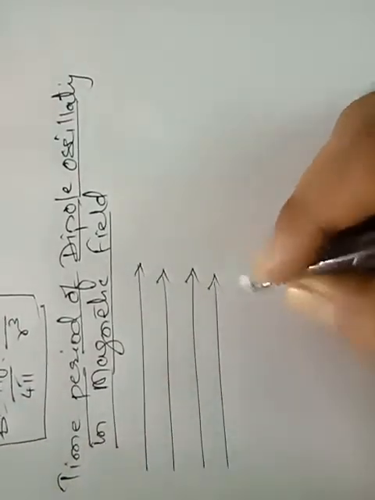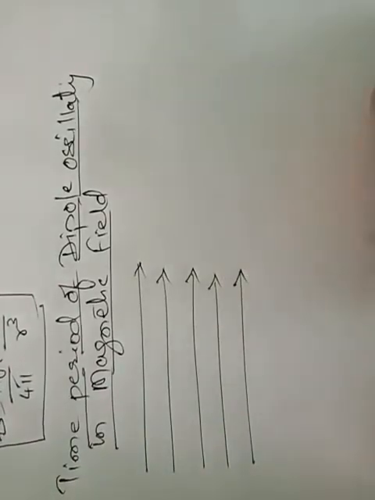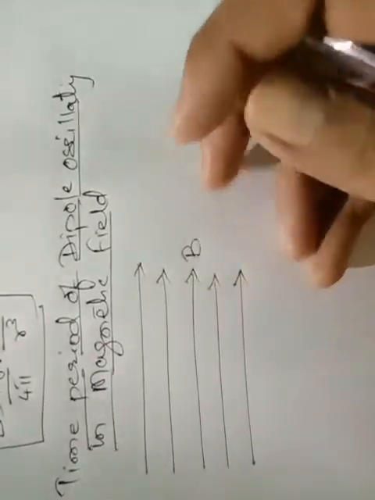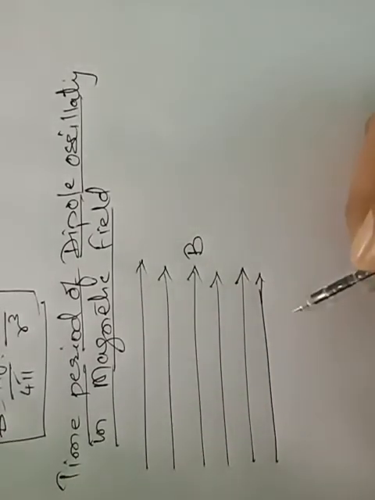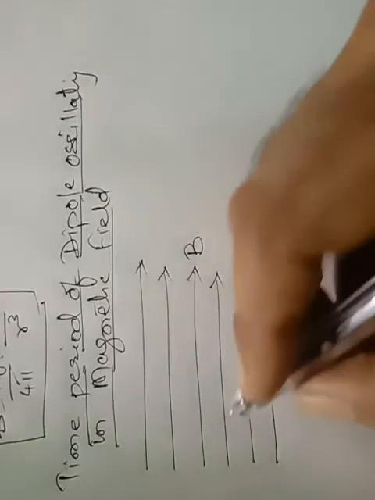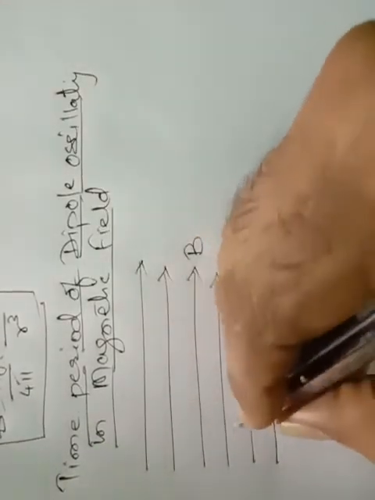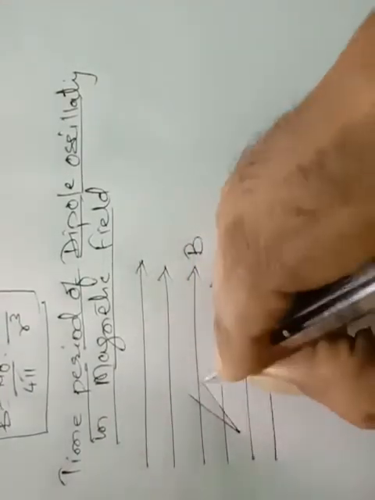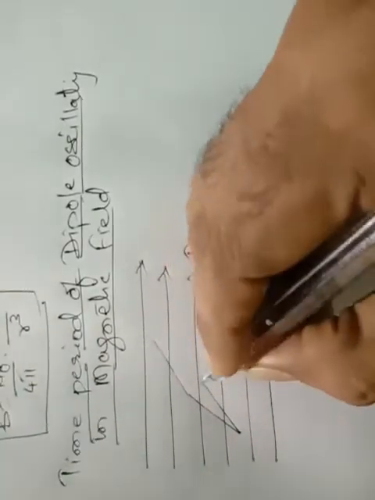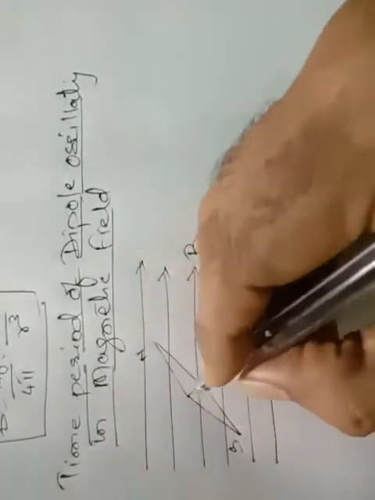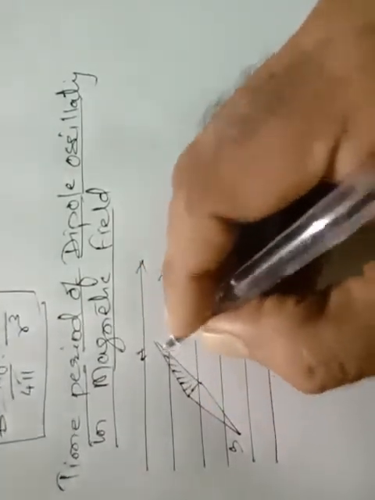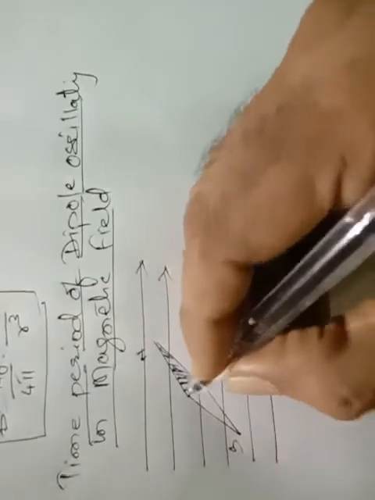This is the uniform magnetic field B, and in this magnetic field a magnetic needle is suspended. So we will see that this is the magnetic needle, this is the south pole, this is the north pole, and we shade the north pole like this.